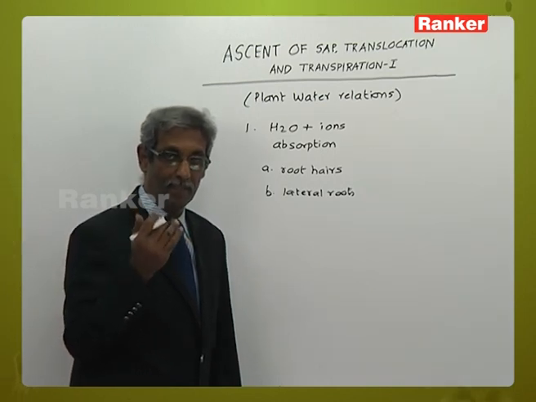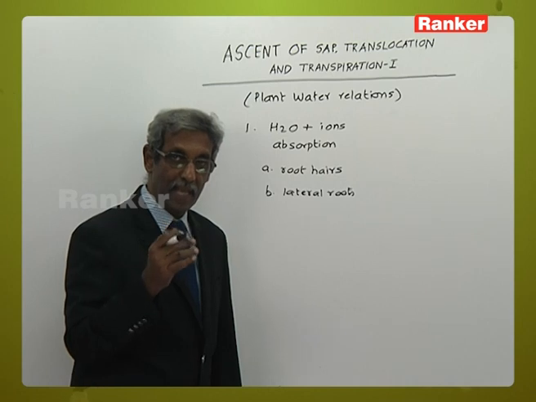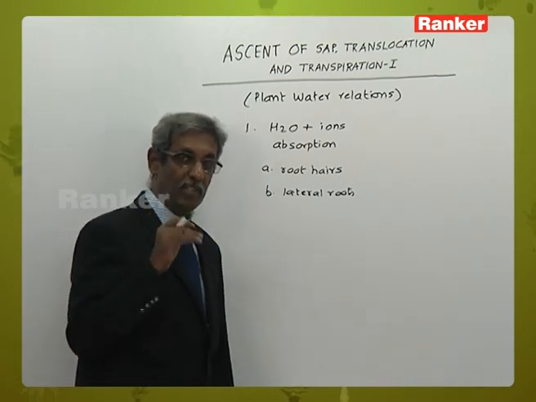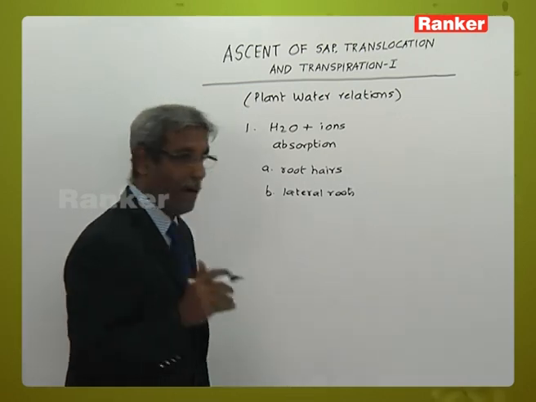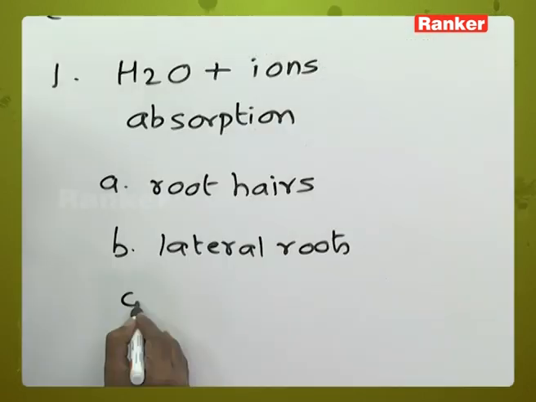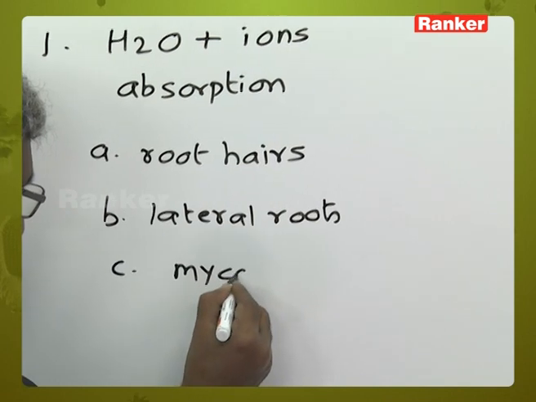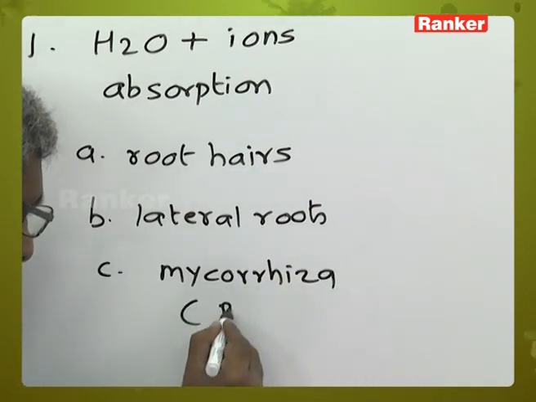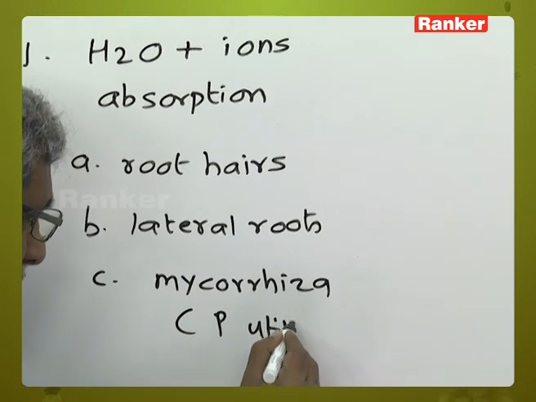Now what happens in situations wherein we do not have the roots, whereas there is uptake of phosphorus? Phosphorus utilization is enhanced in mountainous regions where the nutrients are less, due to the presence of mycorrhiza. So mycorrhiza helps in phosphorus utilization.